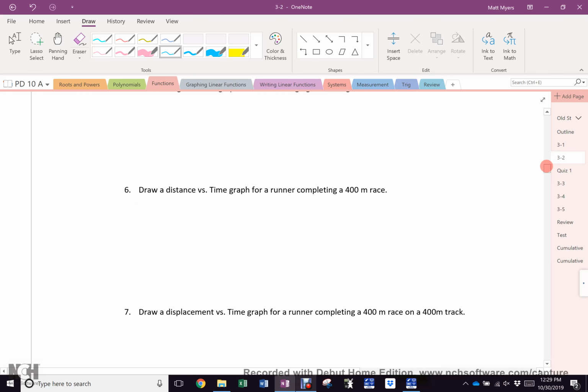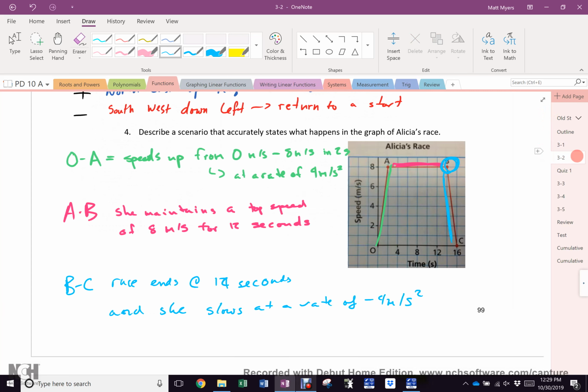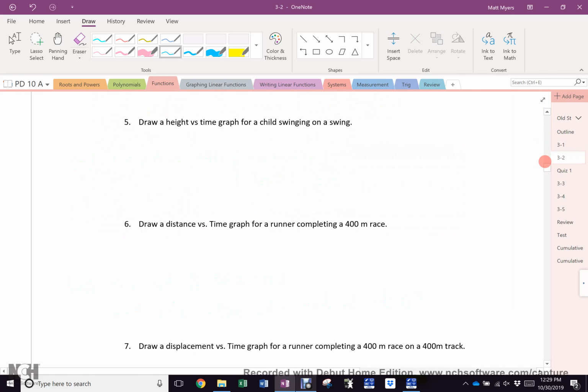All right. So let's do the first one. Let's have some fun here. Draw a height versus time graph. Well, there's my graph. Where's time?